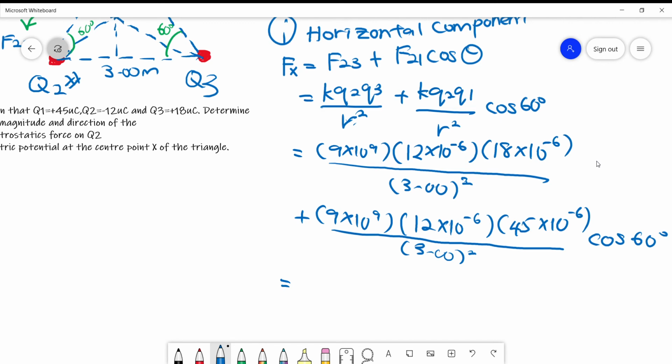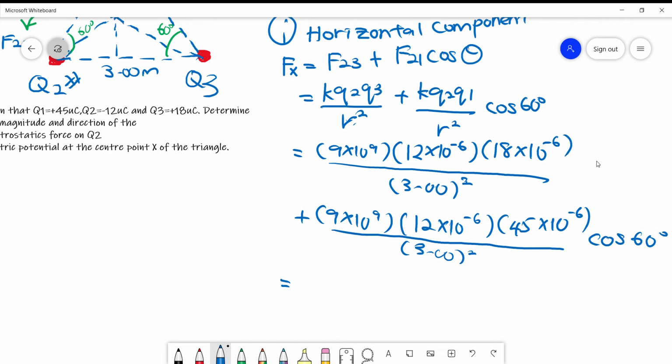So what we get for the Fx of 9, 12 times 10 to the power of negative 6, 18 times 10 to the power of negative 6 divided by 3 squared plus 9 times 10 to the power of 9, 12 times 10 to the power negative 6, 45 times 10 to the power negative 6 divided by the 3 square, and this is cos 60.